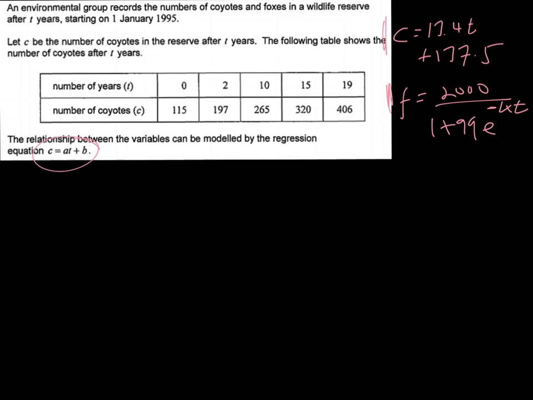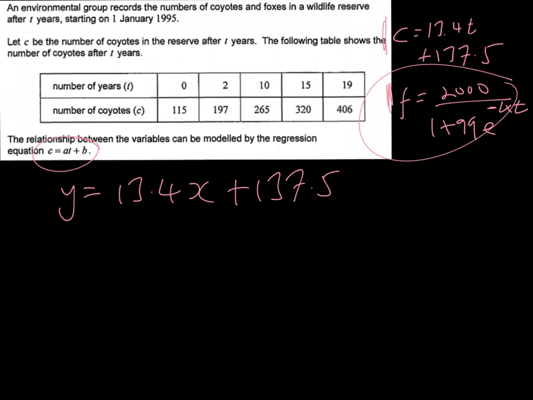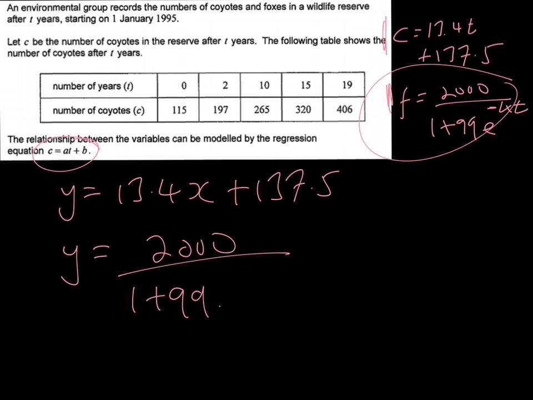So the equation for the coyotes is going to be, in terms of numbers, y equals 13.4x on a TI-Nspire plus 137.5, so that gives the population of coyotes. And then similarly here for the population of foxes, we're going to plot f2 of x equals 2,000 over 1 plus 99 e to the power negative k.